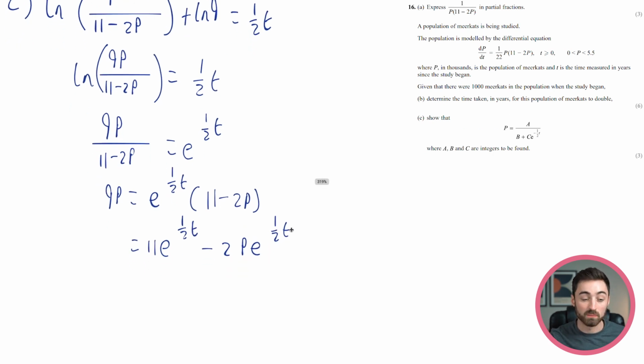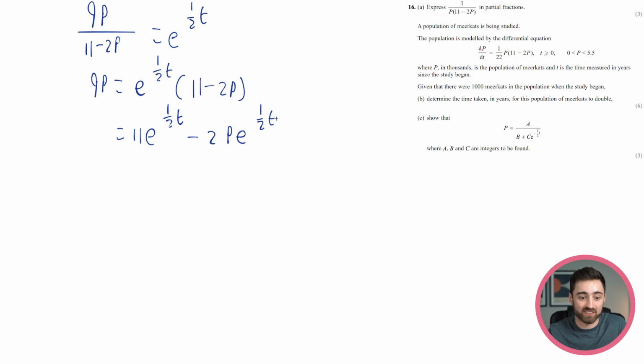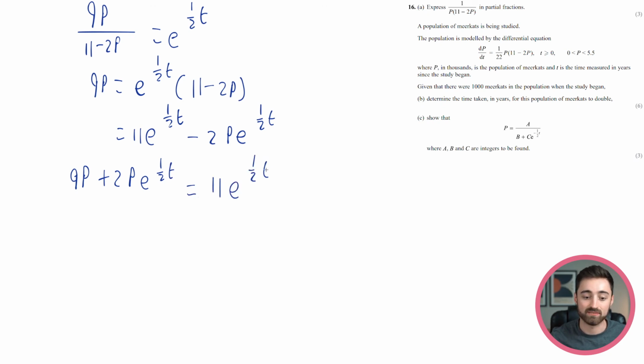Okay, I want all the p's on one side together so I can get it on its own. So I'm going to add this term to the left. So I'm going to get 9p plus 2p e to the half t equals 11e to the half t. I can now factorize out a p here, because that's my goal, isn't it? To get p times 9 plus 2e to the half t equals 11e to the half t.